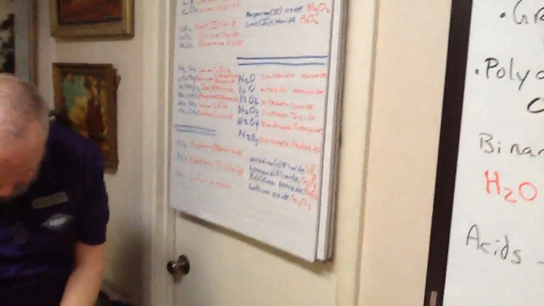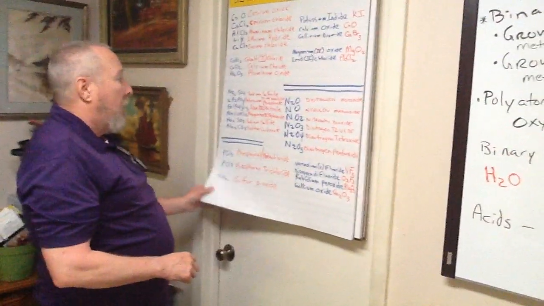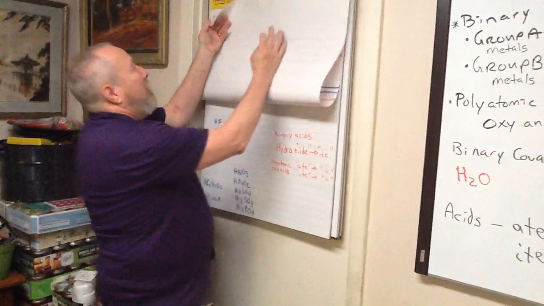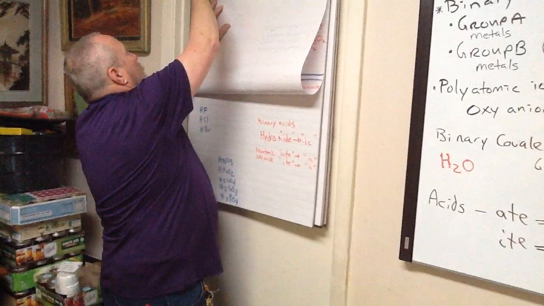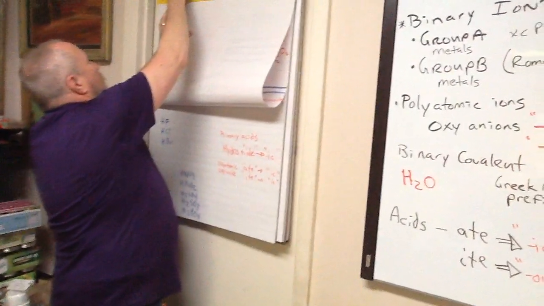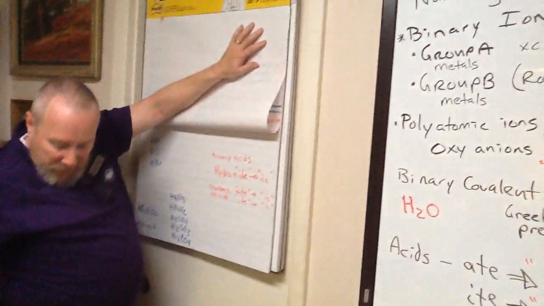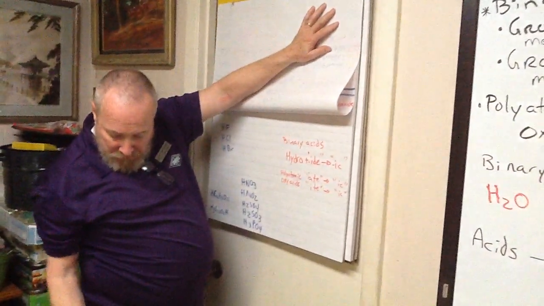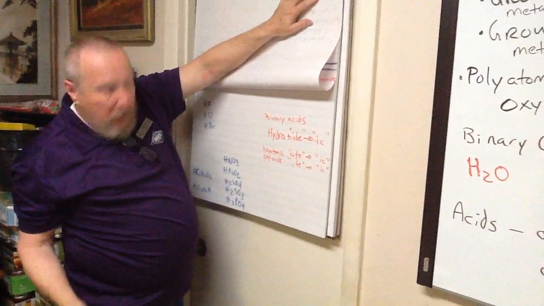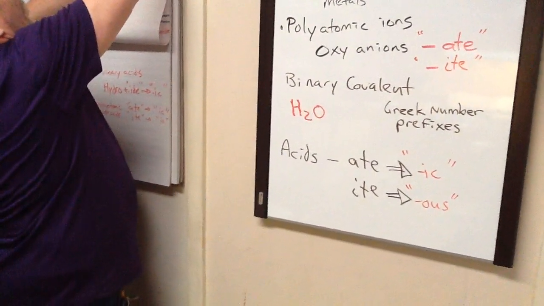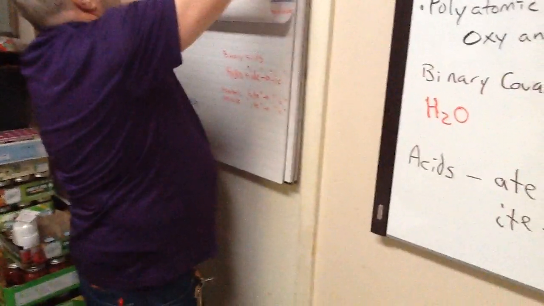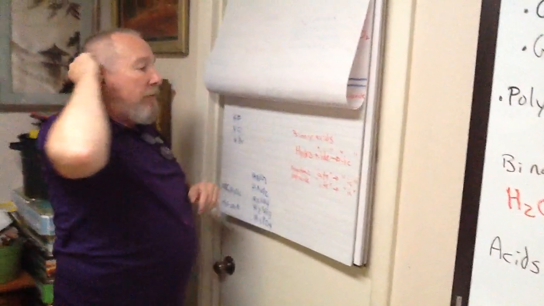Now the last subject, quickly in the last minute, that I want to cover is acids and naming of acids. Acids, we haven't done a lot with acids yet, are compounds that, depending on how you define them, but in the classical Arrhenius acid, they are compounds that give off H+.